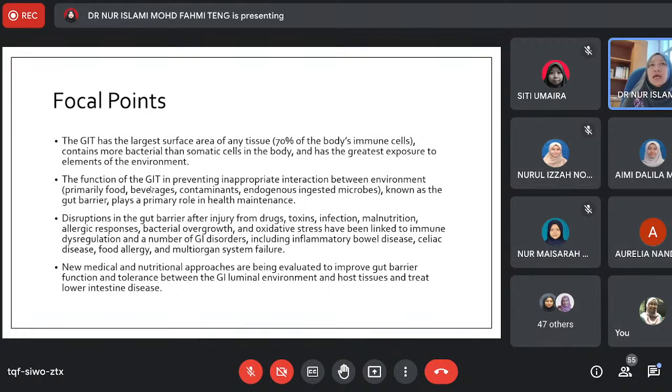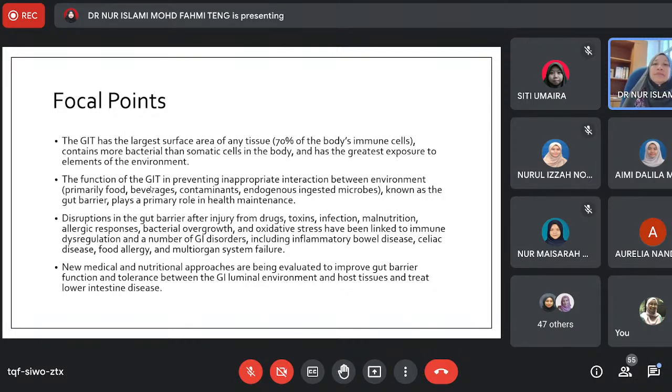Tapi for us, we need to understand the etiology and the pathophysiology of the disease. We understand that, and then we always manage the symptoms, because management of the symptoms from the GIT is almost the same. Adalah sikit-sikit different, tapi kebanyakannya lebih kurang how to manage that.